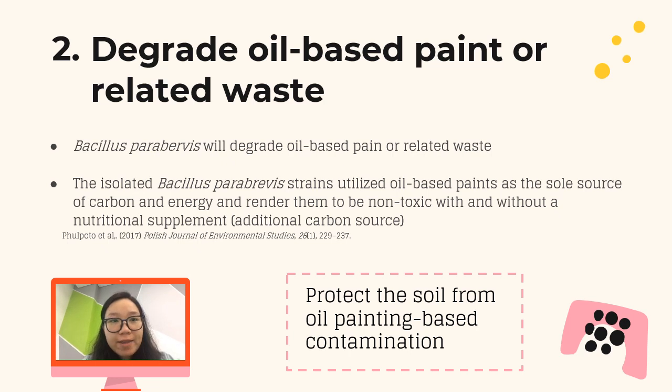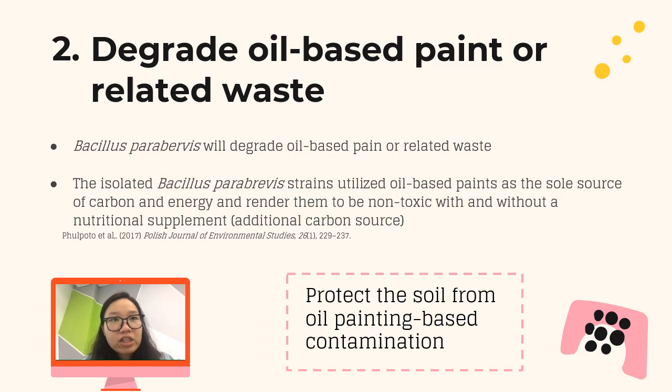So there is some research that shows the positive impact on our planet, which is due to the Bacillus parabrevis. So the Bacillus parabrevis will degrade the oil-based paint and related waste that bring positive effects for the humans.